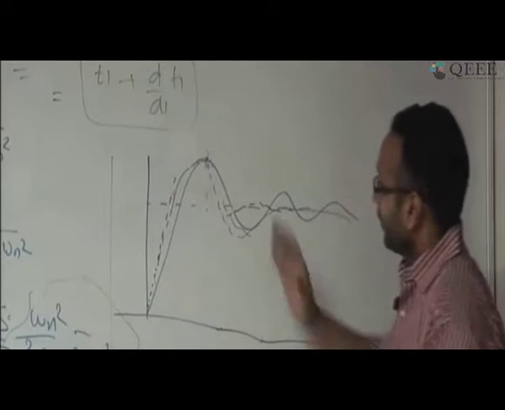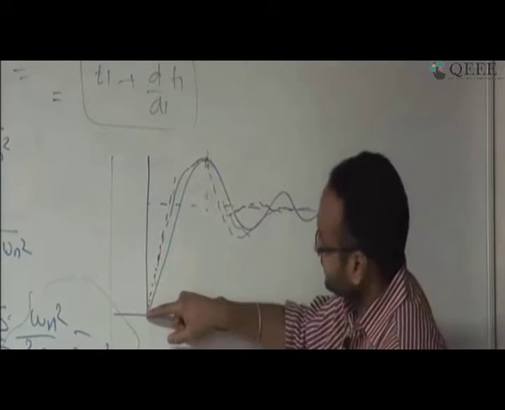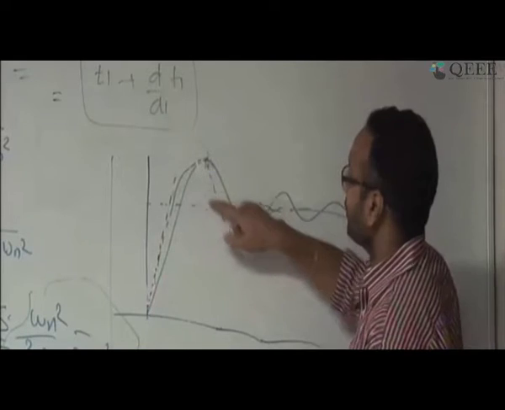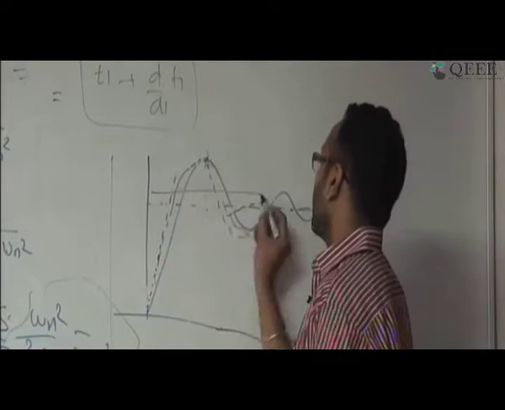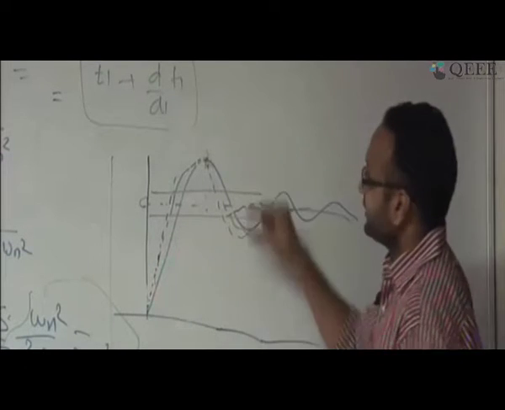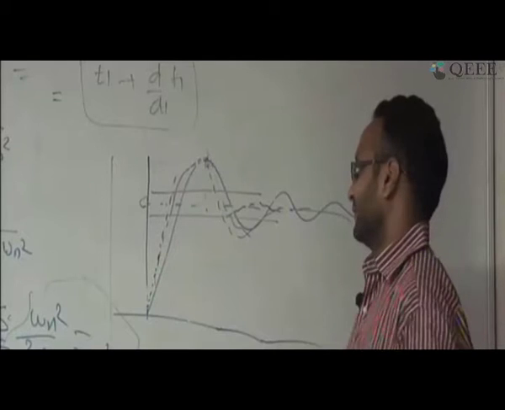So what happened? Because of the derivative term, you are getting an early peak overshoot, and if you are getting an early peak overshoot, there is a good chance that you will reach your tolerance band early, and your system might become faster.